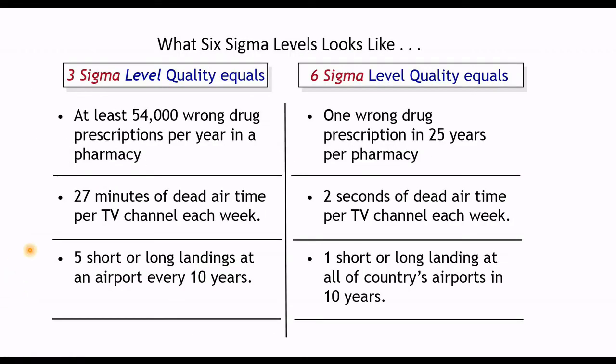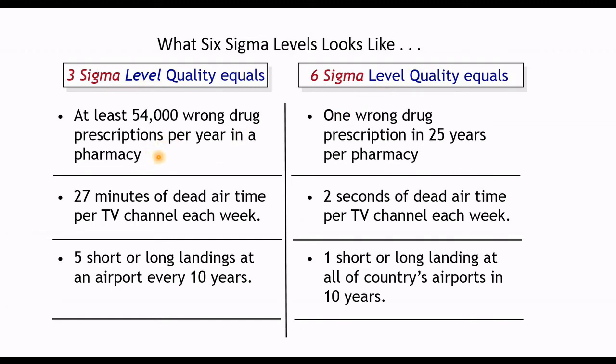Just to give you an idea of how the sigma level affects the quality we get in the organization, this gives you an insight. We quickly compare the defects in a 3 sigma level process and a 6 sigma level process.